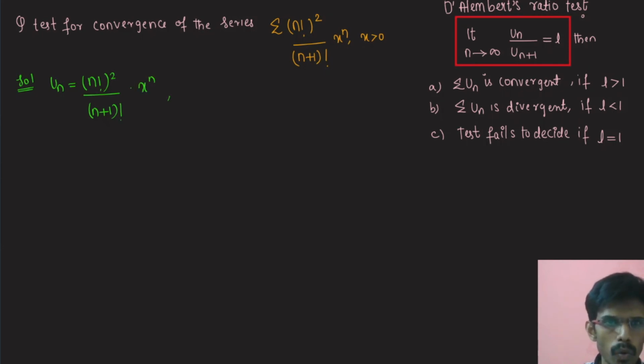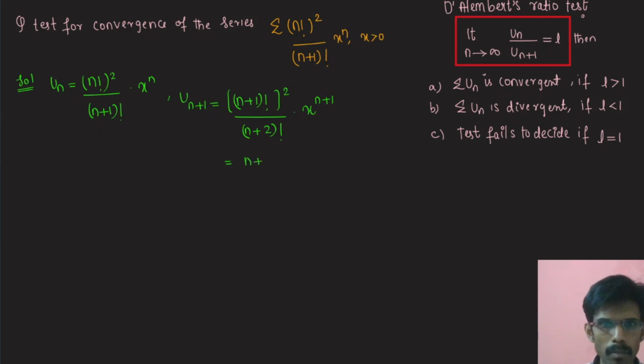Now we want un plus 1. Replace n by n plus 1 everywhere. We have n plus 1 factorial whole square upon n plus 1 plus 1, that will become n plus 2 whole factorial, into x power of n plus 1.